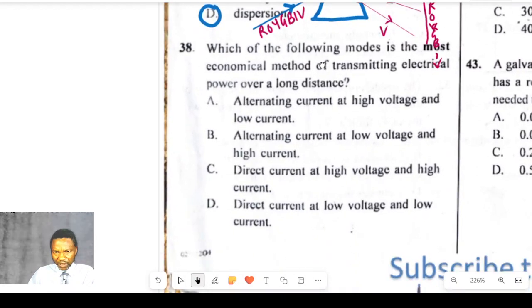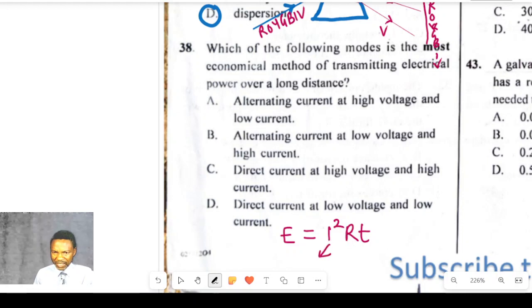Okay, so let's look at question 38. Which of the following modes is the most economical method of transmitting electrical power over a long distance? Before you answer this question, you need to know that electrical energy is equal to I squared RT. So if you want the energy to be reduced, all you need is low current.